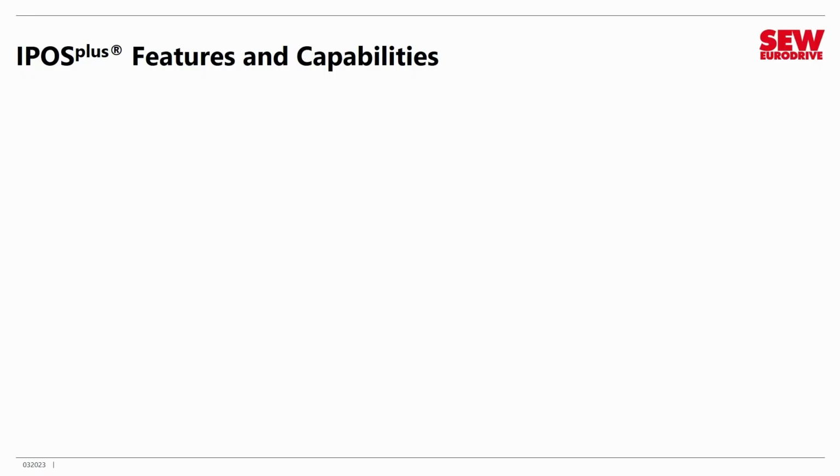First of all, I'd like to talk about some of IPOS's features and capabilities. This is just a quick summary, but these are some of the things you'll be dealing with as you work through the different sessions. First of all, IPOS is particularly suited for positioning applications. Now, that doesn't mean you can't use it for speed control or torque control. You can.